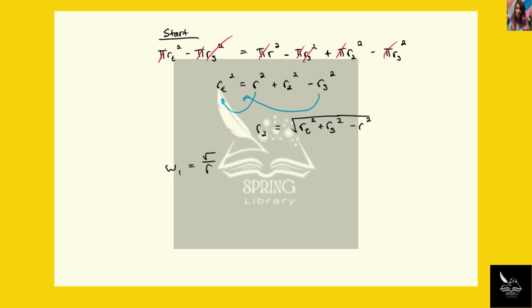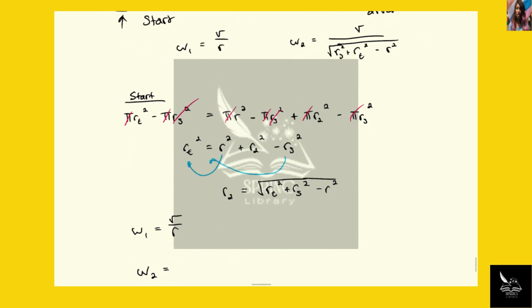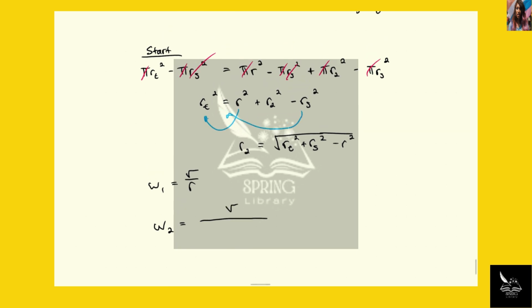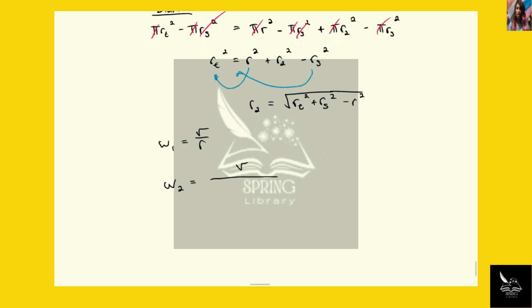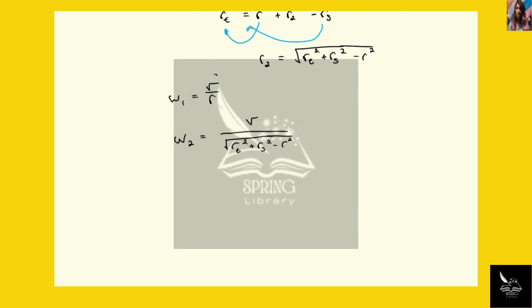But then on our second one, it's coming on with speed v, but it's not coming on with the radius r, it's coming on with this radius R2, the square root of RT squared plus RS squared minus R squared. So that's the first part done.